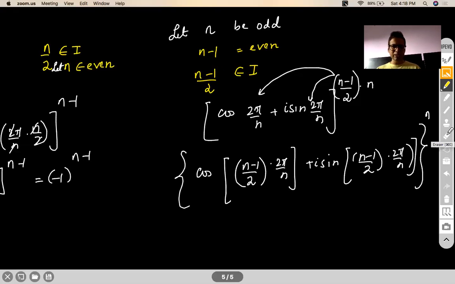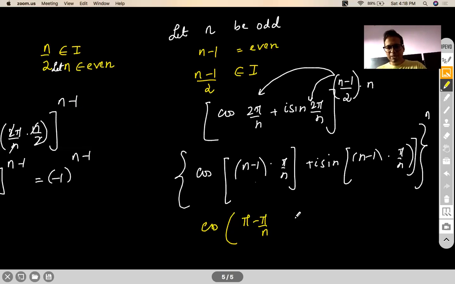So now let me do some simplification. This 2 will go with this. This 2 will also go with this. Okay, so let me remove this. Now let me introduce this pi by n inside. So it becomes cos of pi minus pi by n plus i sine of pi minus pi by n, to the power of n.